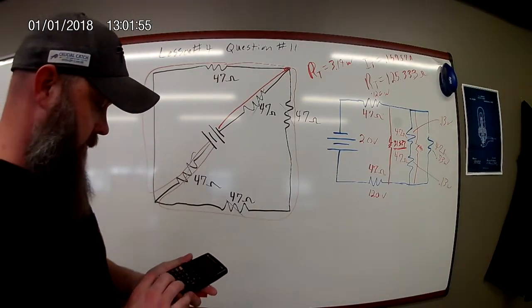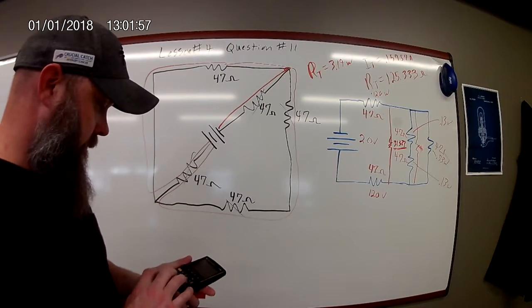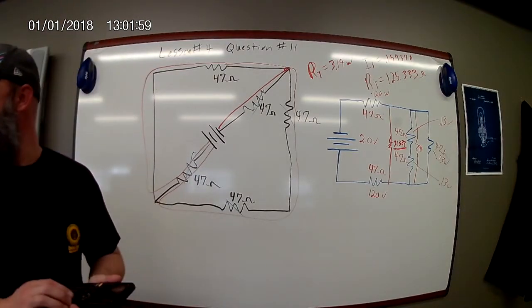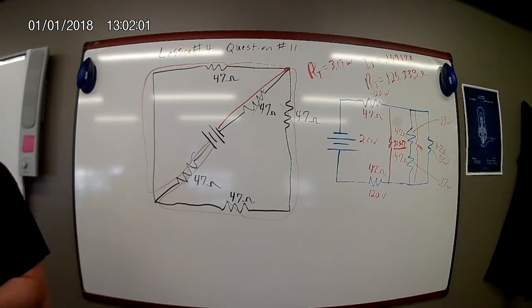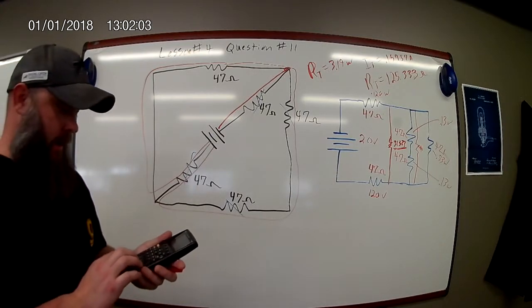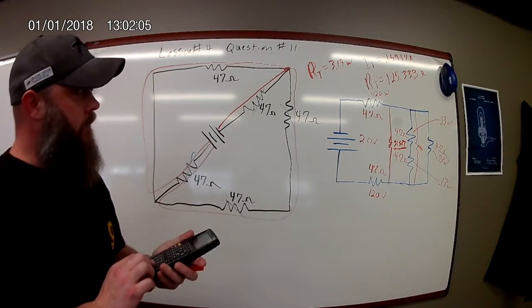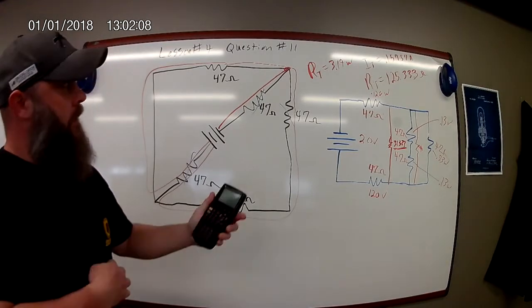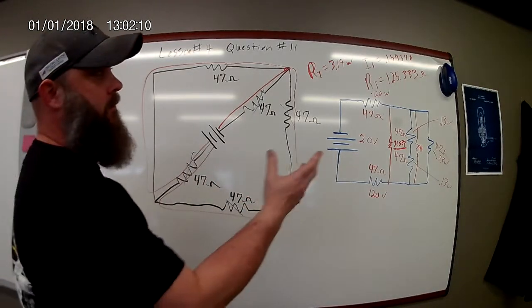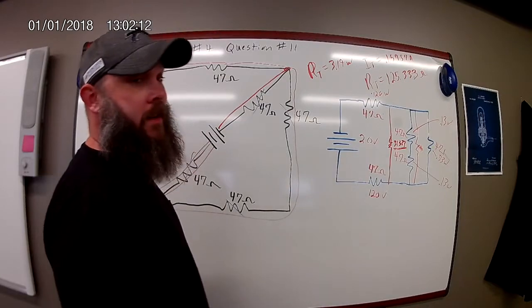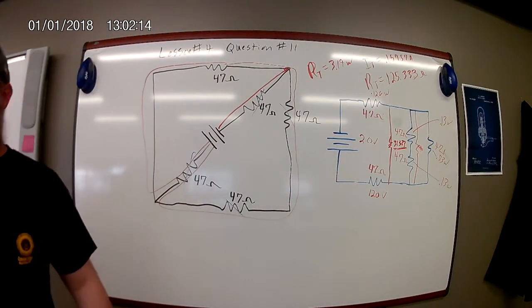So we can take 20 squared divided by our total resistance, and it comes out to the same.